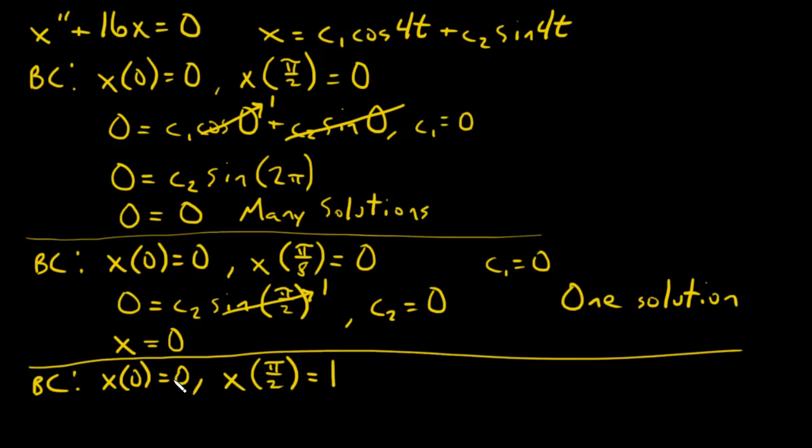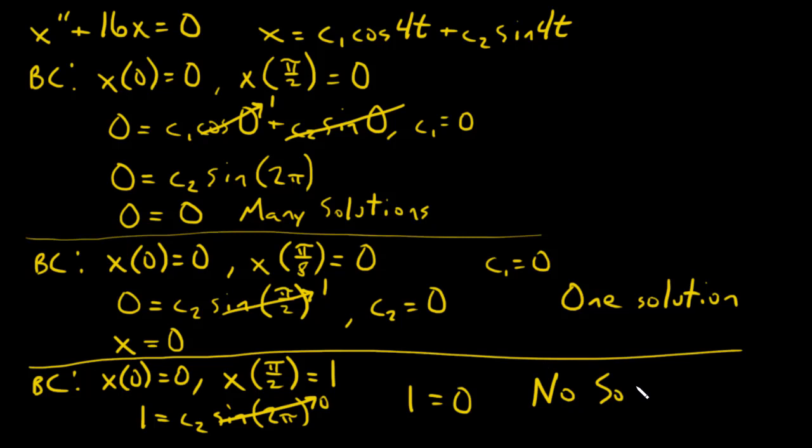But now I've got this boundary value to plug in. So 1 equals C2 times the sine of 4 times pi over 2, which again is 2 pi, and sine of 2 pi is 0. So I'll wind up with 1 equals 0. That is a contradiction, therefore these boundary values have no solution.